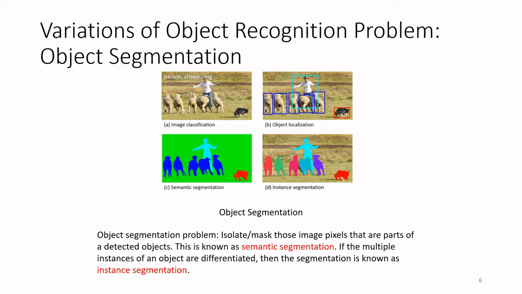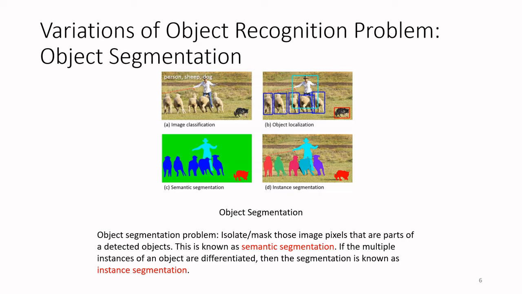If you look at the topmost left-hand side picture, you can say that we have three distinct types of objects: a person, sheep, and a dog. And by putting bounding boxes around those objects, we are performing object localization, as shown in the right-hand image at the top.